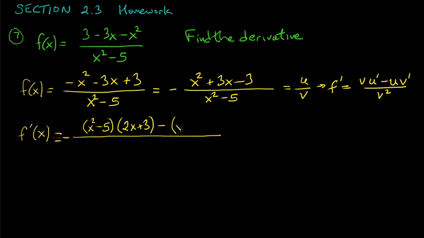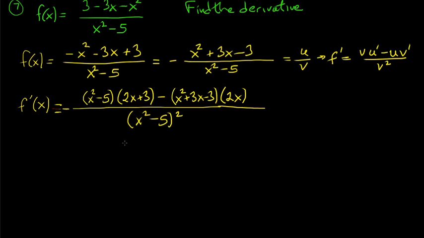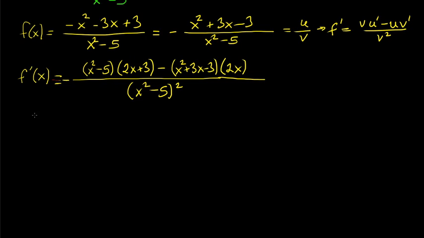And then minus the numerator, x squared plus 3x minus 3, times the derivative of the denominator, which is just 2x. And then divided by the denominator squared. And there's the derivative.